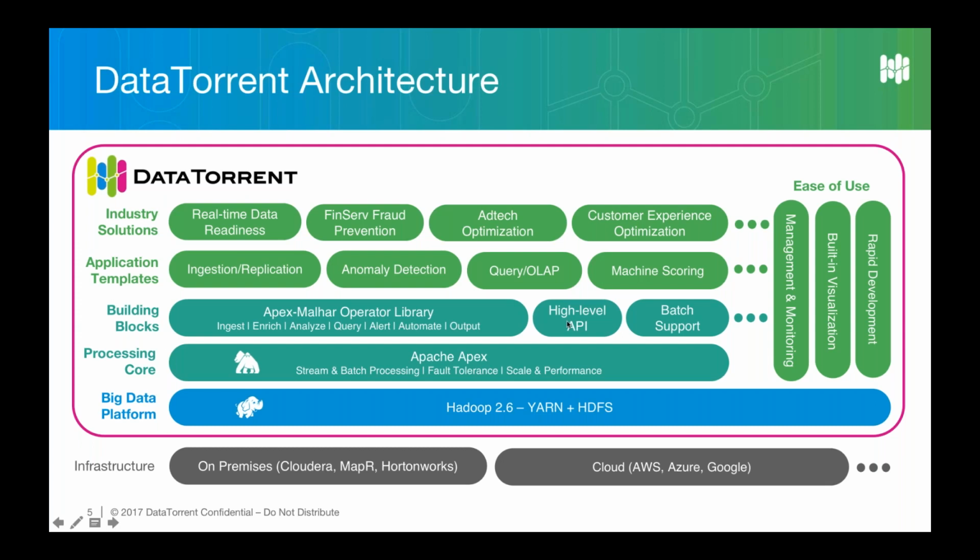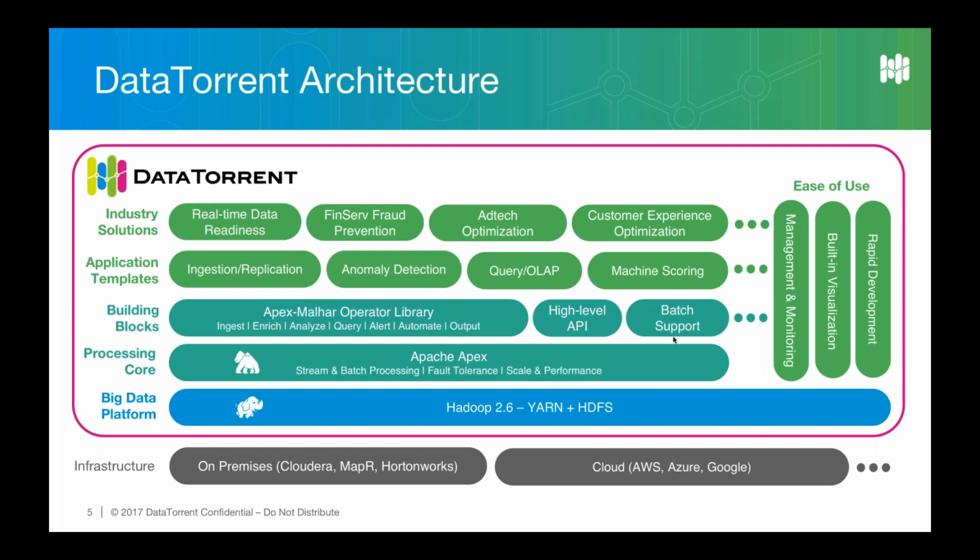One other thing that we have in Malhar is the high-level API, which is similar to the streaming concepts in Java 1.8. So instead of writing low-level Java code, you can write code using Java streams, provided you use the high-level API from Apex Malhar.